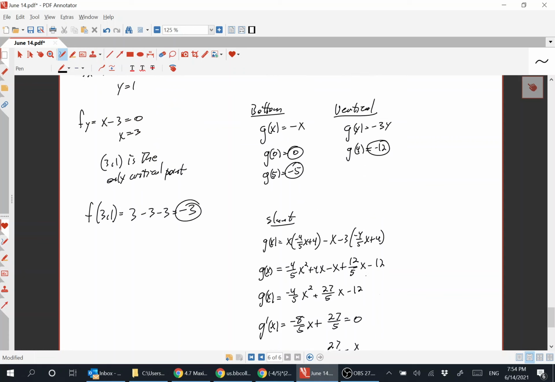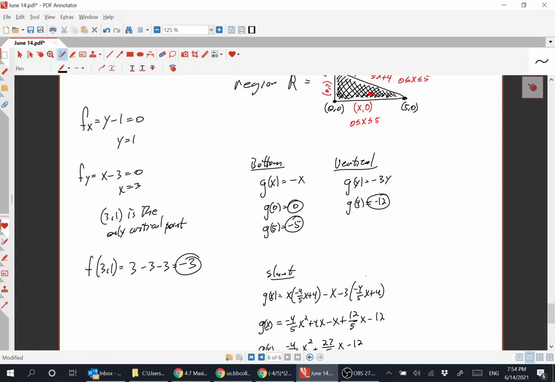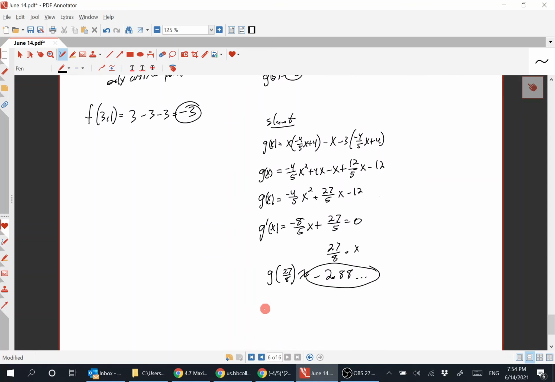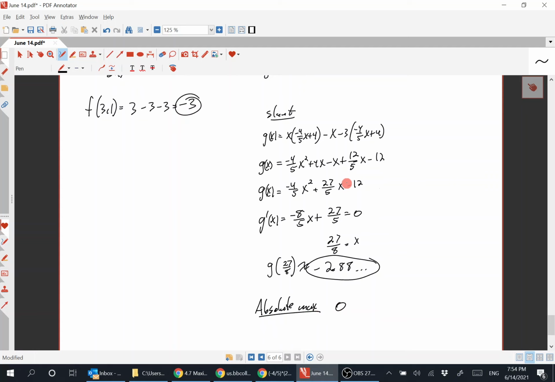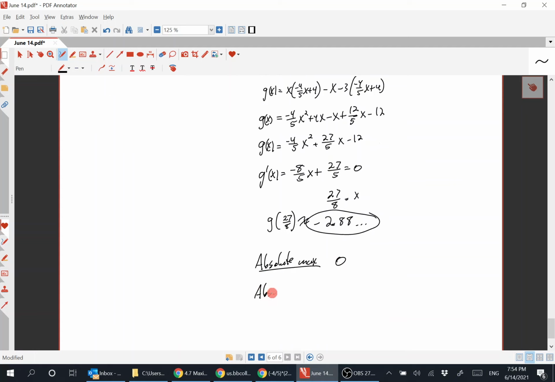We have an absolute maximum of 0 and an absolute minimum of minus 12.